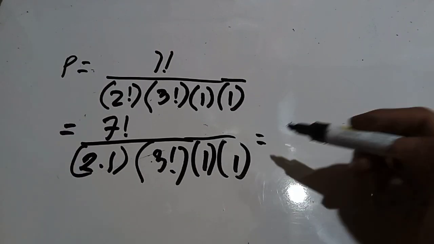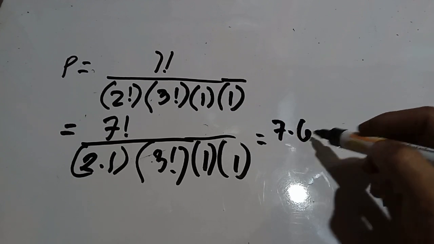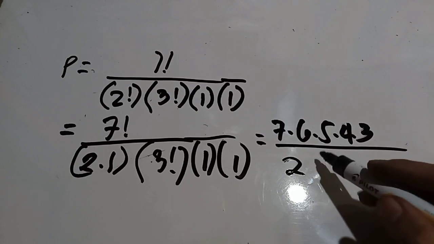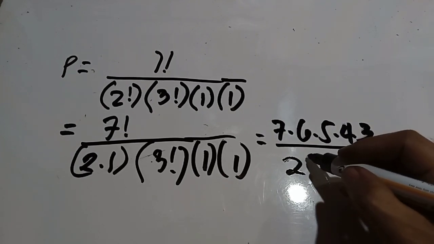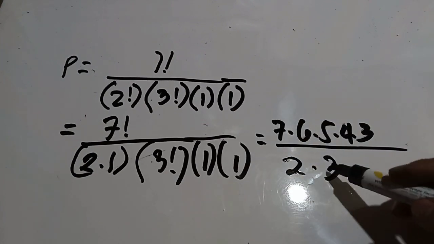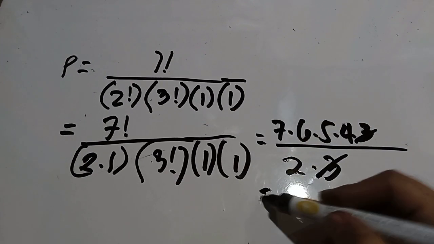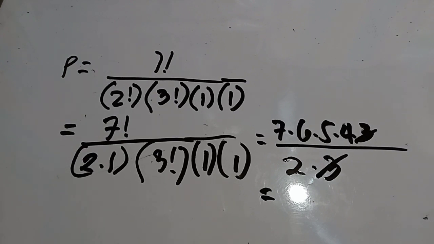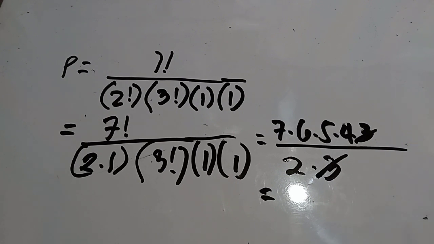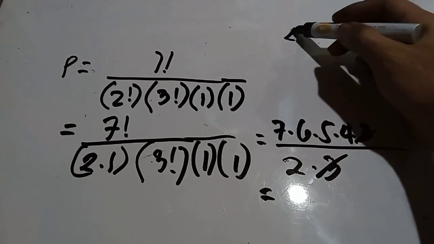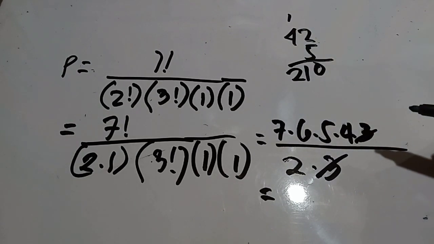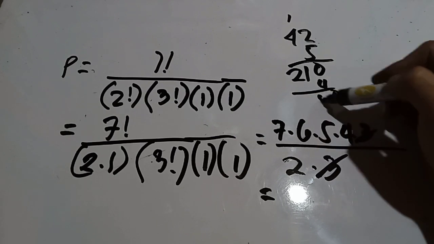Next, we have 7 times 6 times 5 times 4 times 3 over 2 times 3 times 1. We cancel the 3, so we have 7 times 6 times 5 times 4. 7 times 6 is 42, 42 times 5 is 210, 210 times 4 is 840.